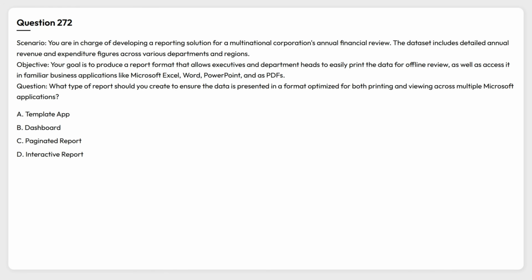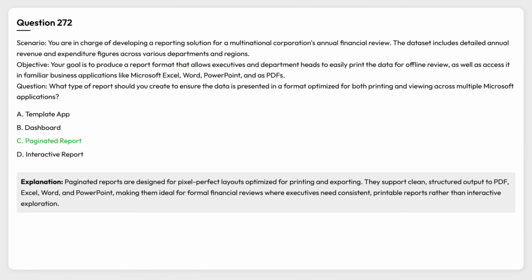Option A, template app. Option B, dashboard. Option C, paginated report. Option D, interactive report. The correct answer is option C, paginated report.